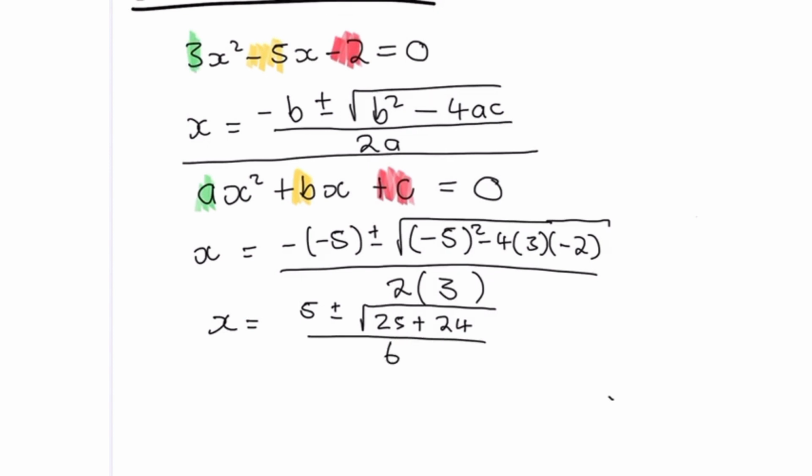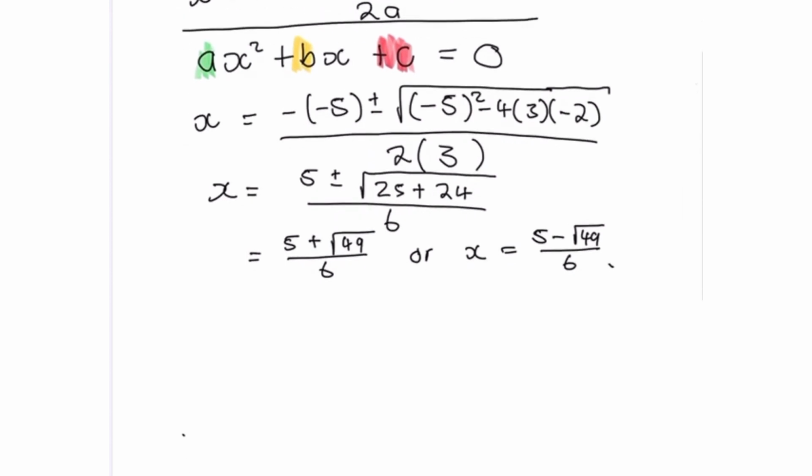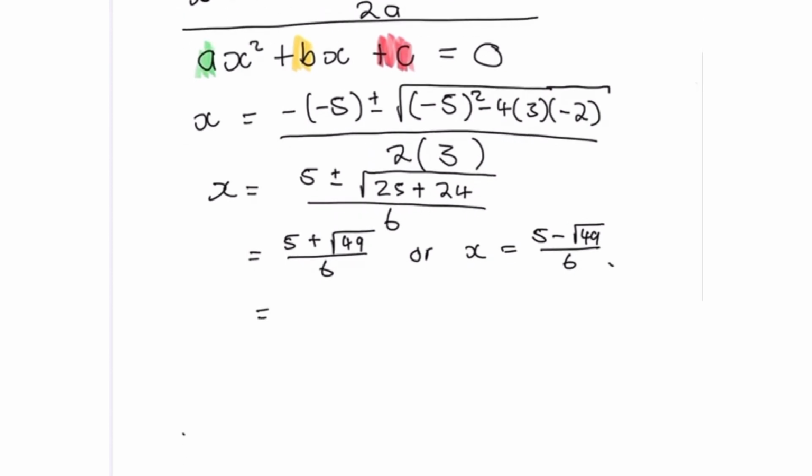And this will give you 5 plus the square root of 49 over 6, or x will be 5 minus the square root of 49 over 6. Now this is 5 plus the square root of 49, which is 7, over 6, and the same applies to this side.